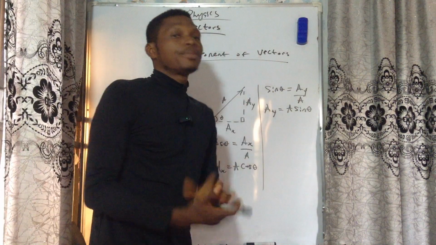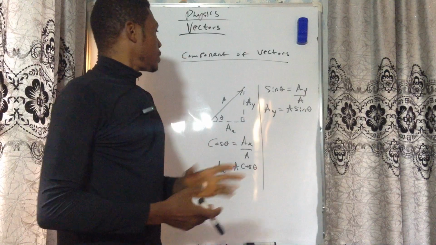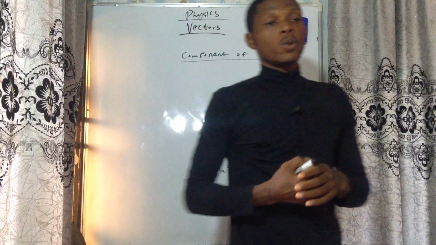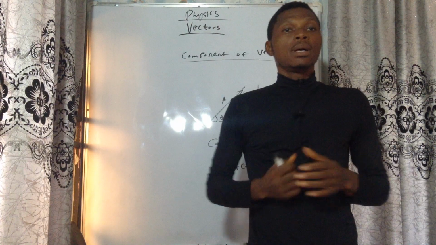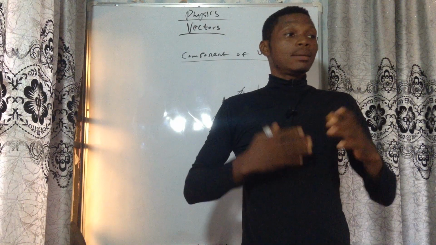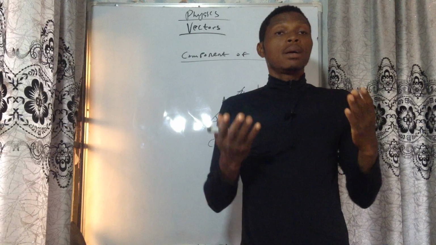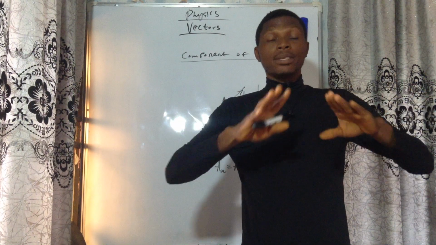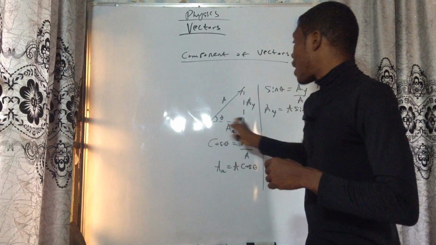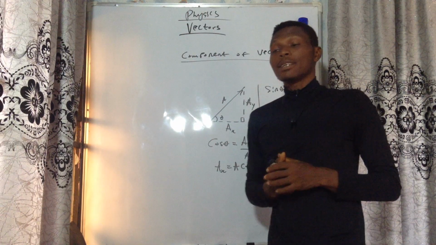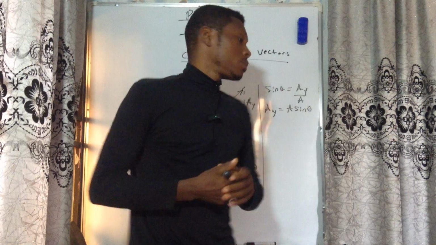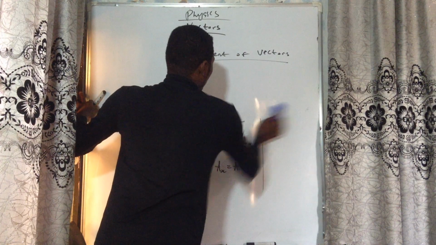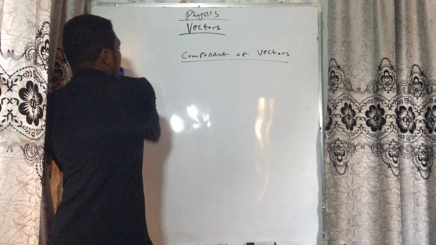A sine theta. See, the thing is, at times when you are studying physics, you need to use real examples, or use your imagination to imagine a real example, a scenario where these things are being applied. Now, take for instance, when you were young, you used to construct a toy car.